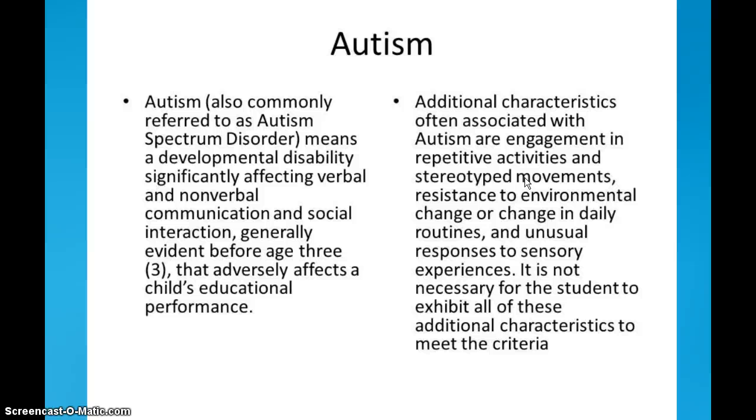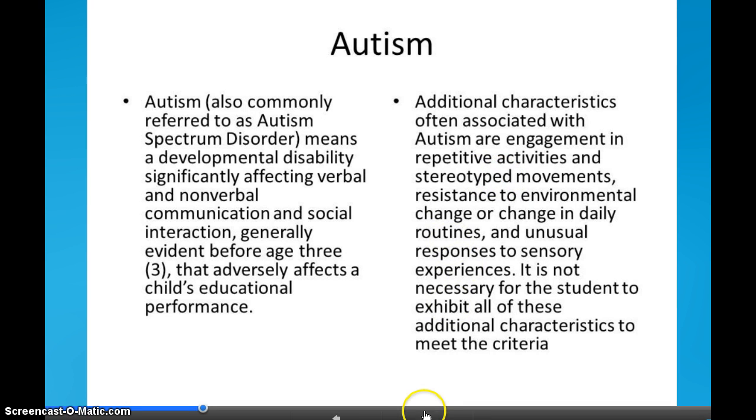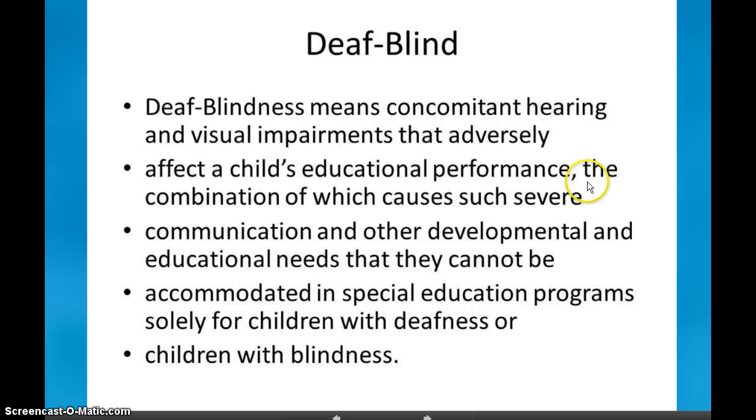It's not like you think of kids that respond to loud noises and get upset. For a child with autism, it may be a particular soft noise that will get them really upset, or it may be just a particular type of noise that will get them upset. It's not necessary for a child to have all these characteristics to have that diagnosis of autism. These definitions, by the way, are all from the State Department of Education website.